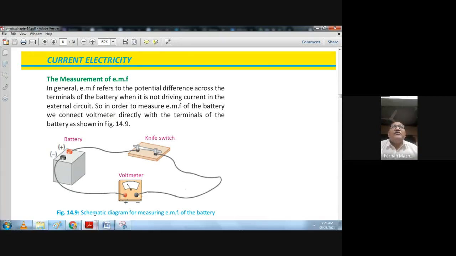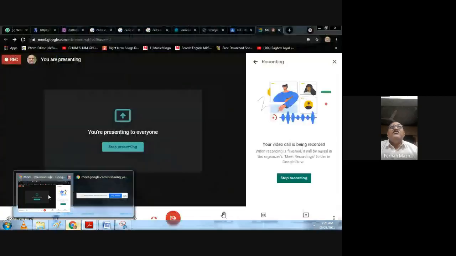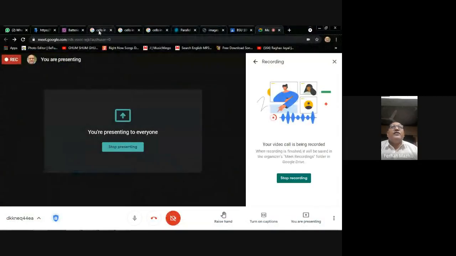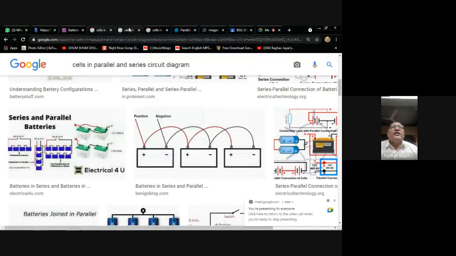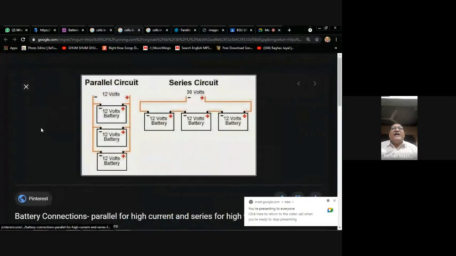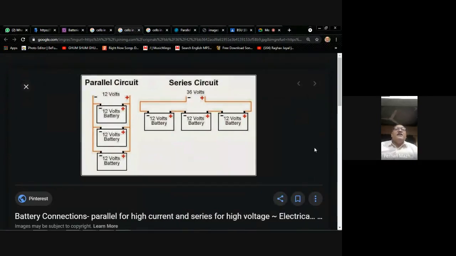Let me show you my work. Here is a very simple example in which I will try to show how the cells are connected.